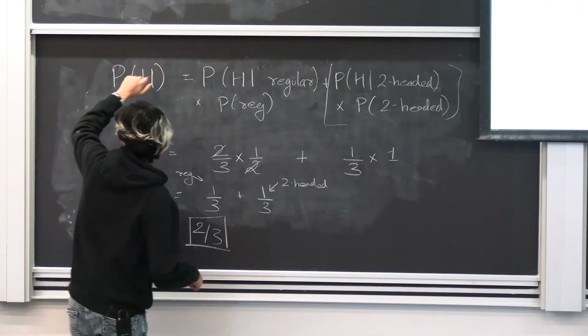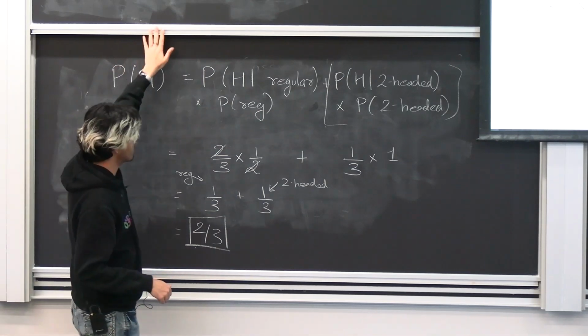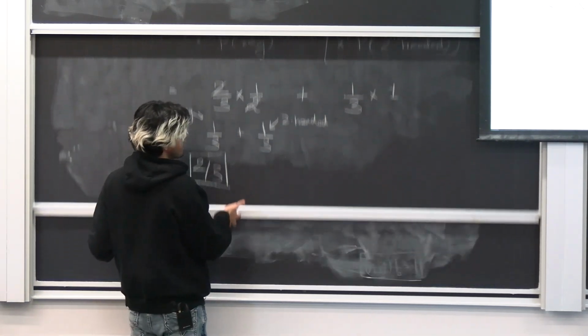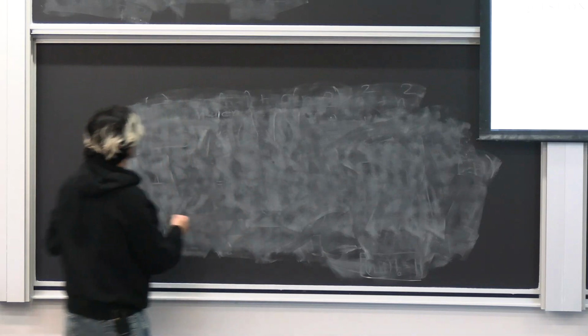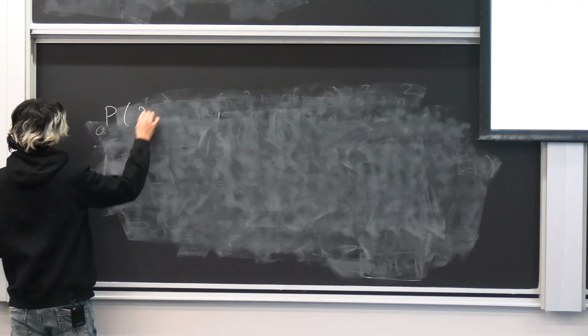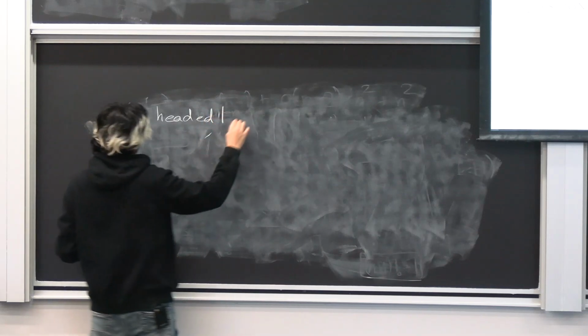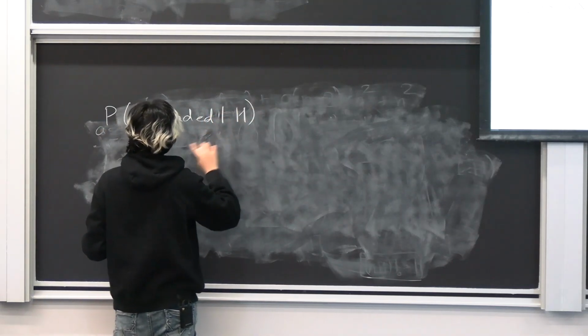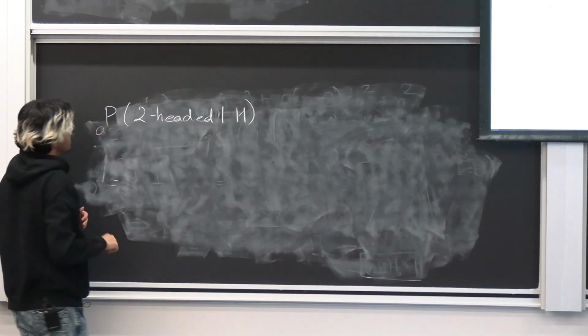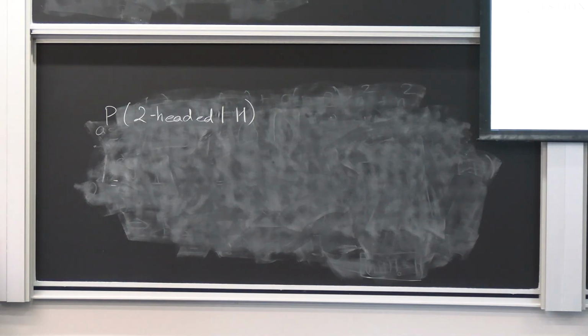But if you don't want to do that and you just want to use the formula, we're asking for what is the probability of two-headed given heads. And there's a small little trick we can do here.